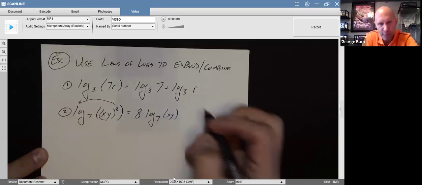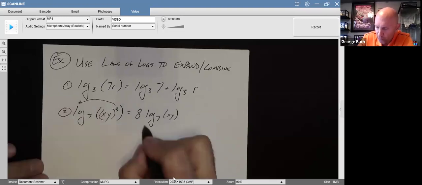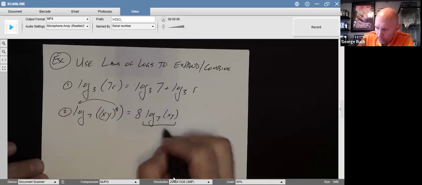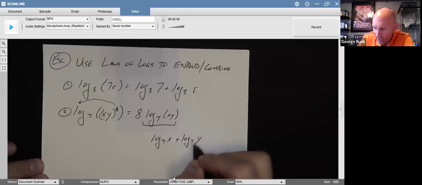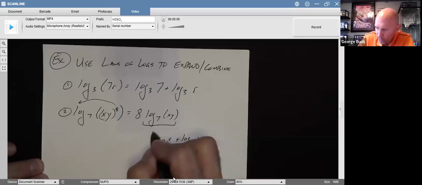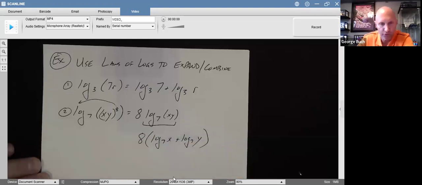And this is where you have to be careful with either your distribution or your parentheses. So this guy here is just simply what? The addition. So log base 7 of x plus log base 7 of y, but there's this 8 out in front multiplying everything. So either you need to have an 8 out in front with parentheses, or you need to distribute the 8 to both of those pieces. I would just leave it like this. Leave it 8 times that whole piece.